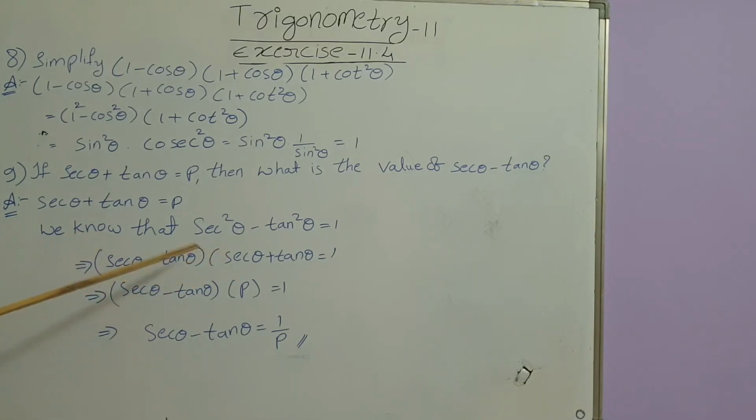This is the formula we are using here. Sec square theta minus tan square theta is equal to 1, so (sec theta minus tan theta) into (sec theta plus tan theta) is equal to 1. Given sec theta plus tan theta is equal to p, so substituting here, p into (sec theta minus tan theta) is equal to 1. Now we want sec theta minus tan theta, which is equal to 1 by p.